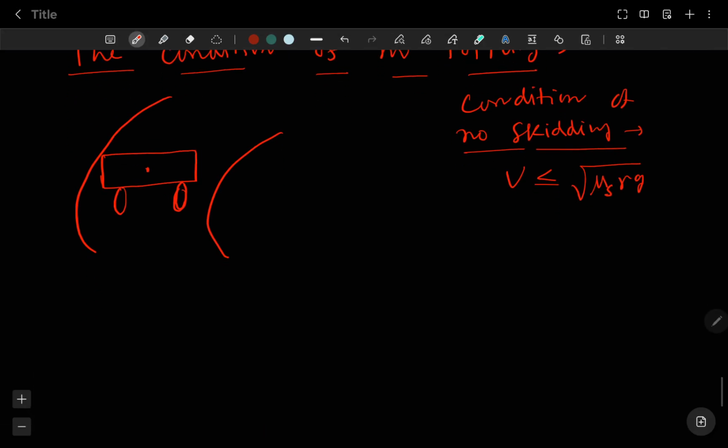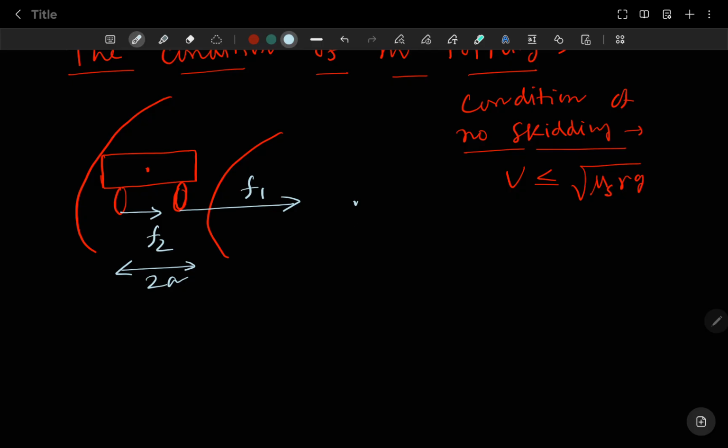So see, let the friction acting on this car, on this wheel is F1, and on this wheel it is F2. The distance between the two wheels is 2a, suppose. Fine. So it is the center of the circular turn, center of curvature.